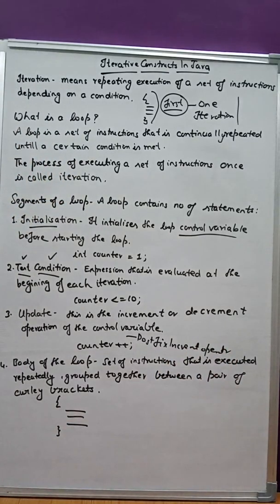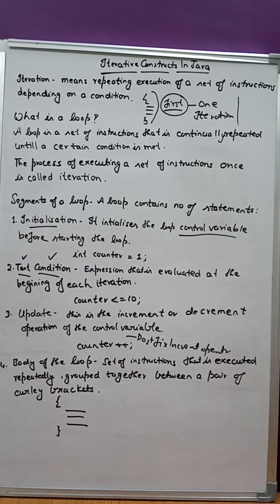Whenever the loop runs more than one time, the value will be updated. Over here I am only providing you the definition for all the segments. In the next video maybe I will provide the proper usage of initialization, test condition, update, and the last thing in this list, the body of the loop.